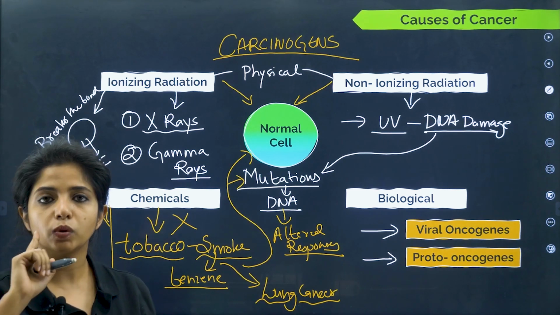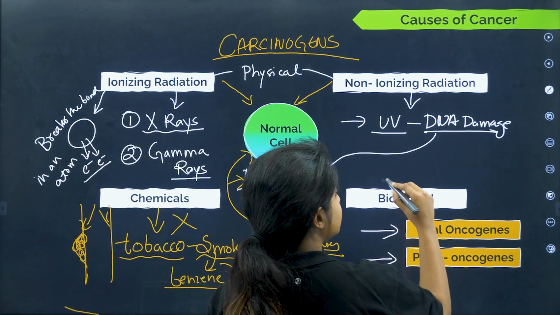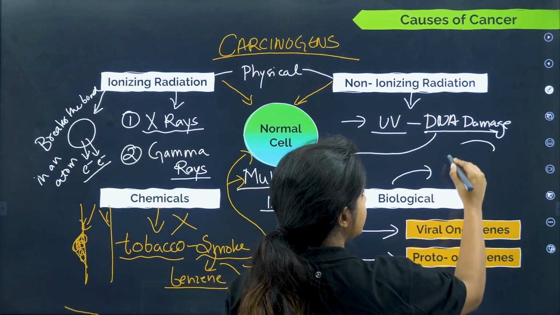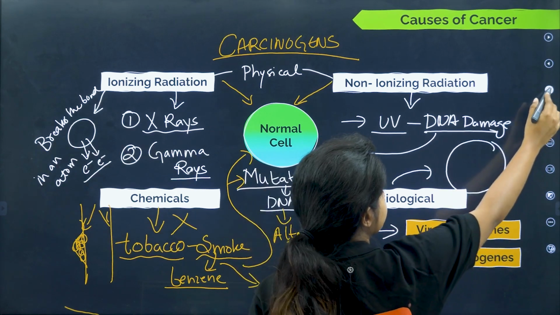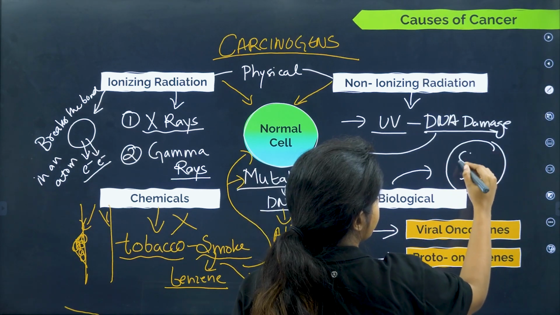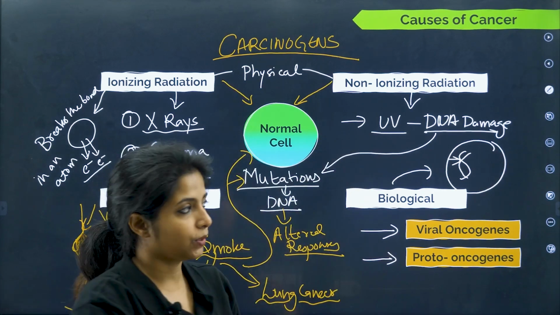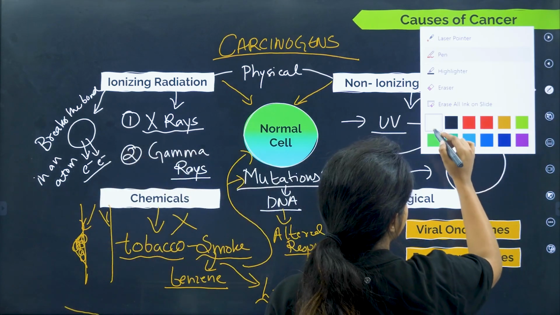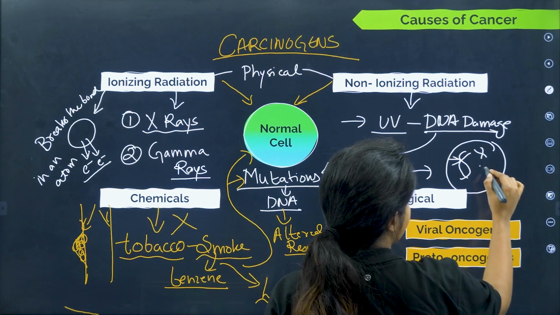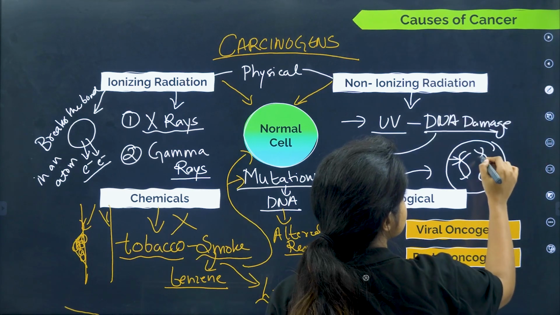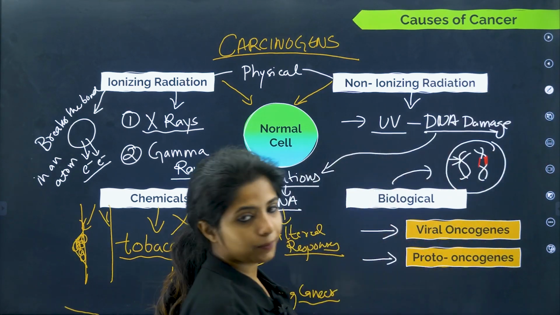If you have studied AIDS with me, you know that these viruses come inside our normal cells, and we have our DNA. Our DNA is cleaved from the middle, and then in between this DNA, they establish their DNA.